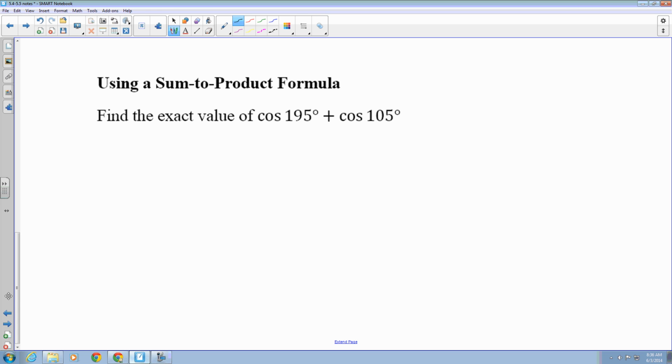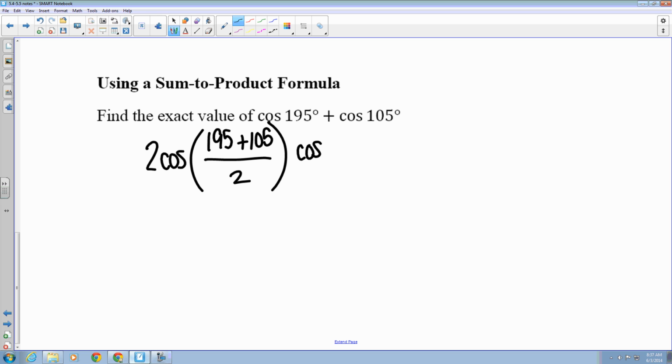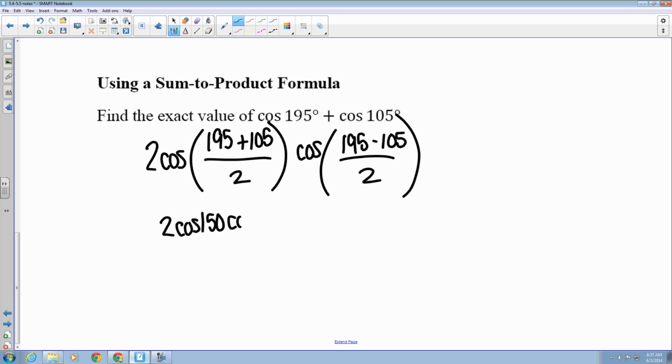So we're looking at the third equation, cosine plus cosine. Following it, I have 2 cosine of (195 plus 105) over 2 times cosine of (195 minus 105) over 2. So 2 cosine 150 cosine 45. So we're almost done already.